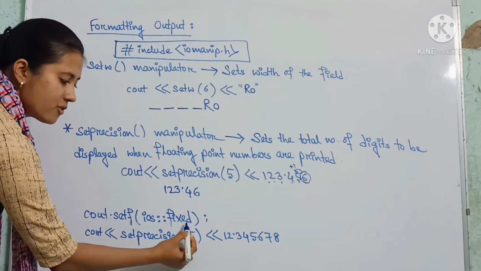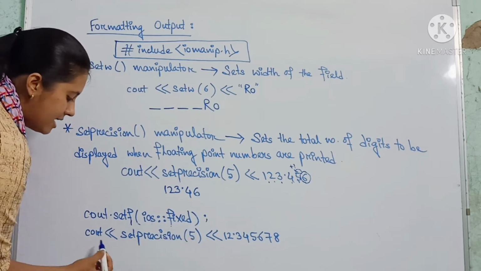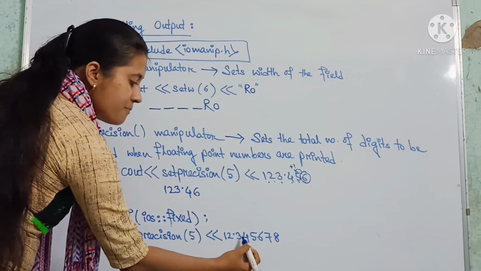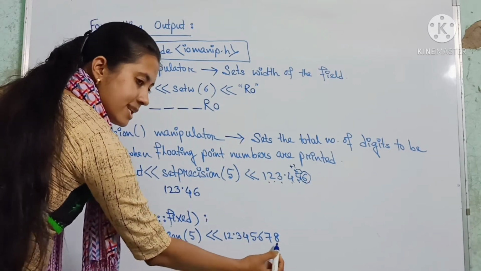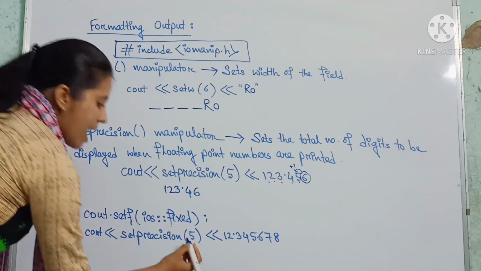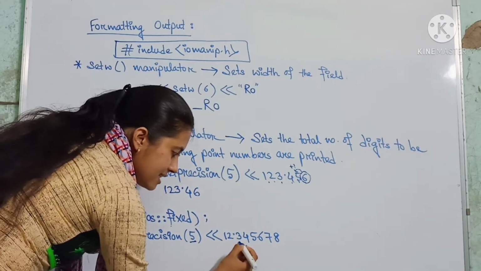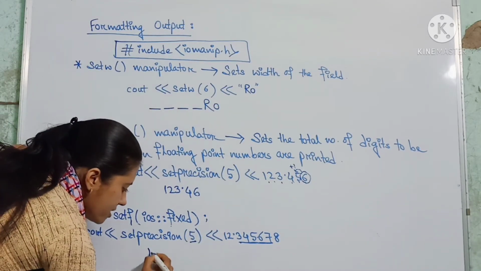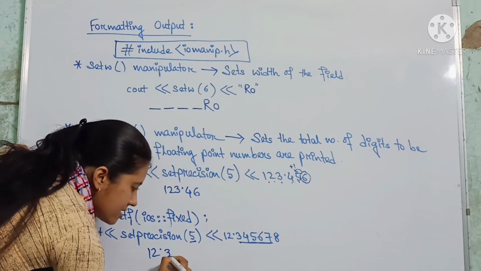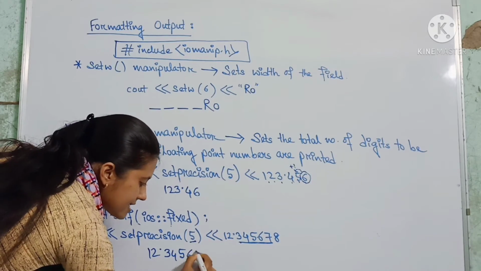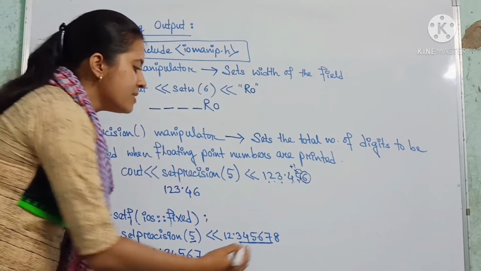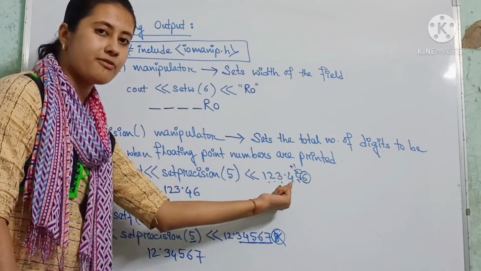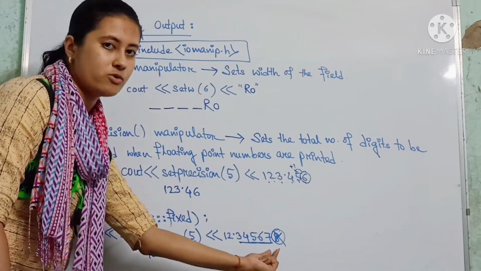When this flag is defined, then when you write cout setprecision(5) with 12.345678, this 5 means after the decimal point there should be 5 values. So what output will come? 12.34567. Remember, here there is no rounding off. Here we had rounding off, but here there will be no rounding off.